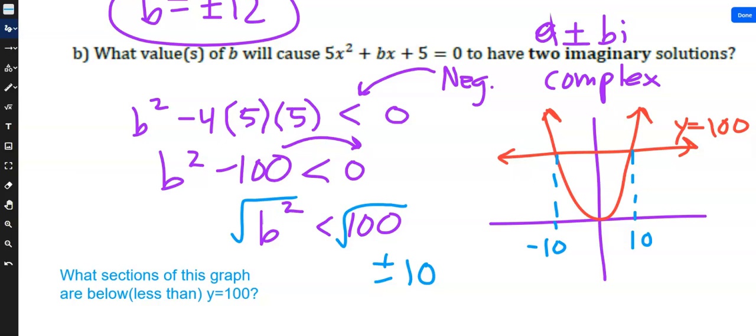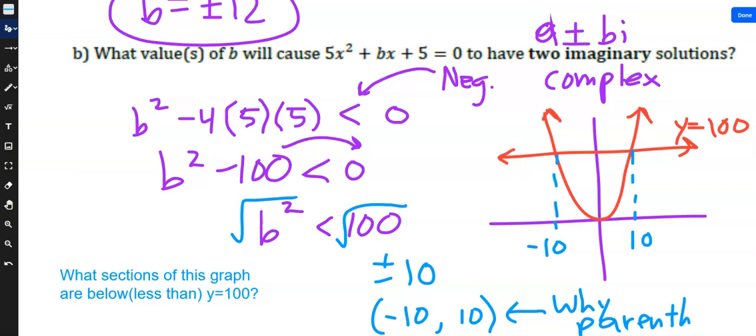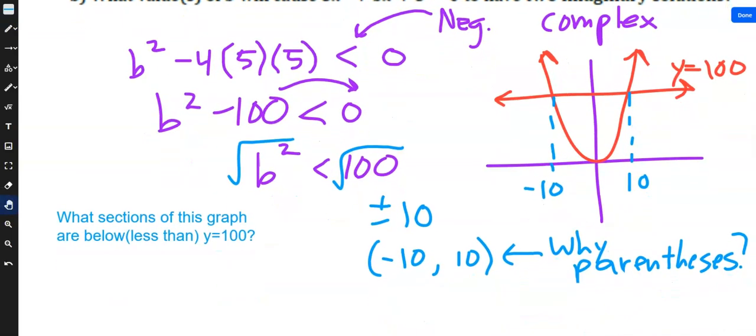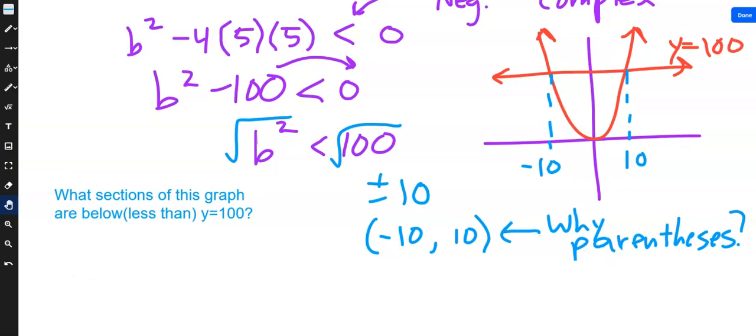And if you want the chunk in the middle, like we just talked about, that means the answer to this question goes from negative 10 to positive 10. Now, how come? Why not brackets? Why parentheses? Because at those spots, it's equal to 100.